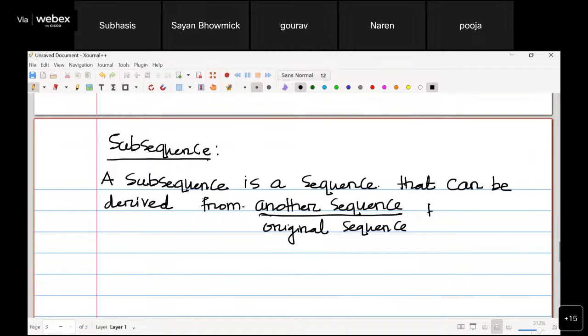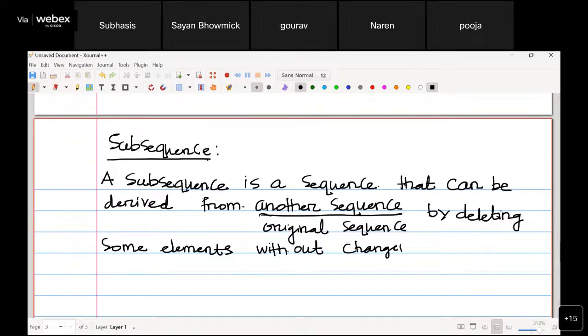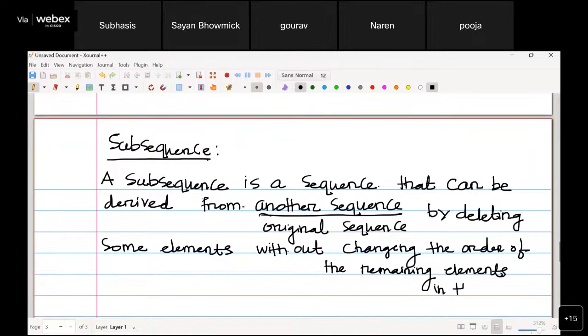By just deleting some elements without, this part is really important, without changing the order of the remaining elements in the original sequence.